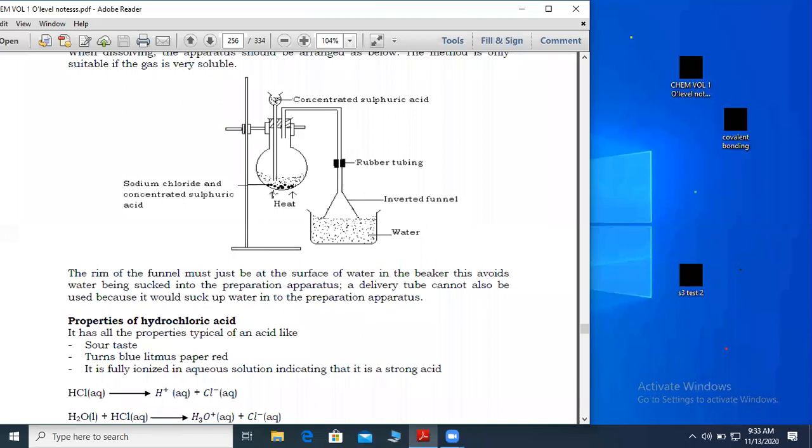So when we were preparing ammonia, you remember we had to make sure that the flask is slanting, still to avoid the water from sucking back into the preparation flask. So here, the way to stop water from falling back into the preparation flask, we are doing it by using an inverted funnel.